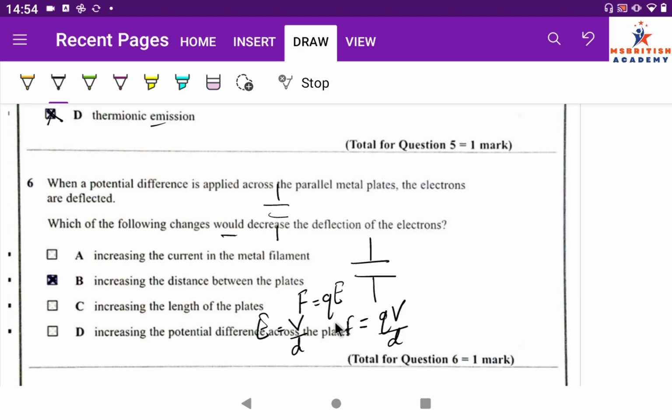As the distance between the plates increases, the force decreases. The electron feels some force when the parallel plates have a potential difference, and as we increase d, the distance between the two plates, the F value decreases. When F decreases, the deflection of the electron also decreases. So the deflection of the electron is decreased by increasing the distance between the plates. For question 6, the correct answer is D.